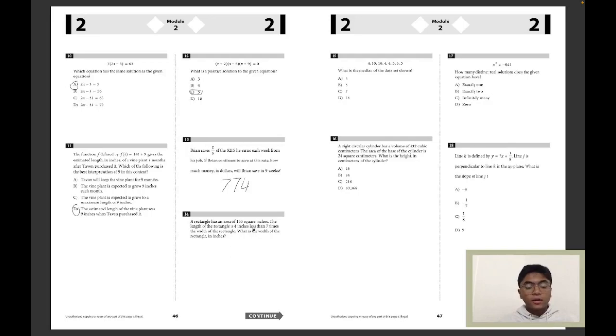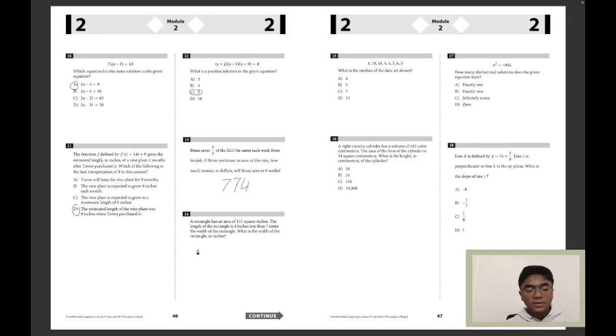A rectangle has an area of 155 square inches. The length of the rectangle is 4 inches less than 7 times the width of the rectangle. What is the width of the rectangle? So what you're going to have to notice here is that the area formula for the rectangle is going to be length times width.